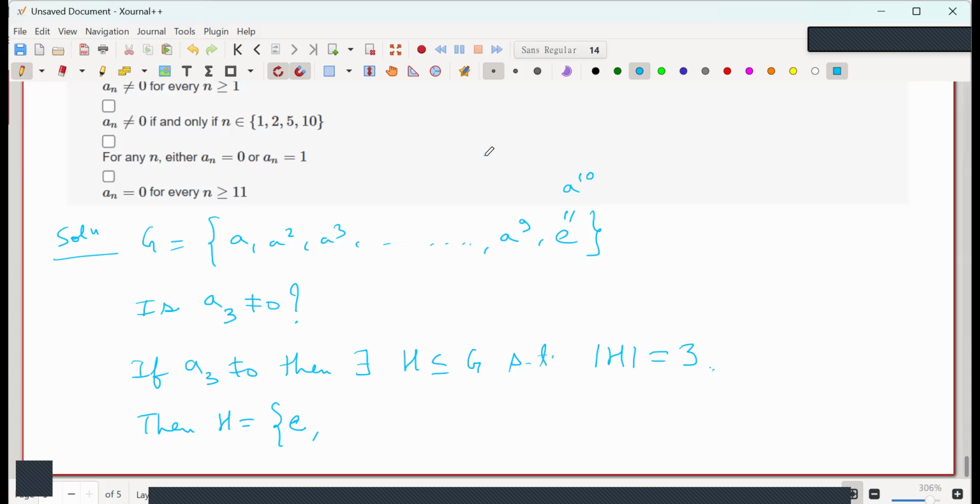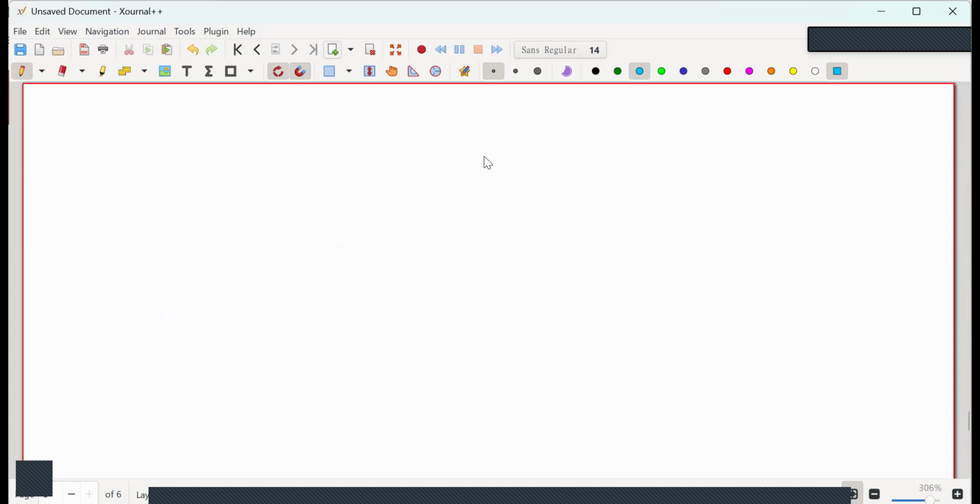And you can have at most 2 other elements. If you take A square, then you should have A power 7. So if some A raised to I is there, and then the other element you can take to be A raised to J, right? Only this is the possibility, right? Yes. Now you must have inverse.